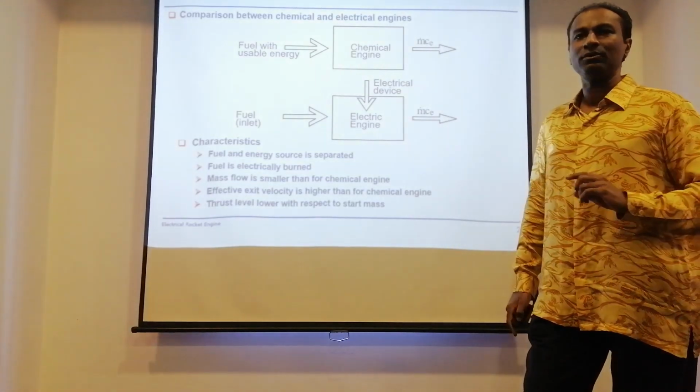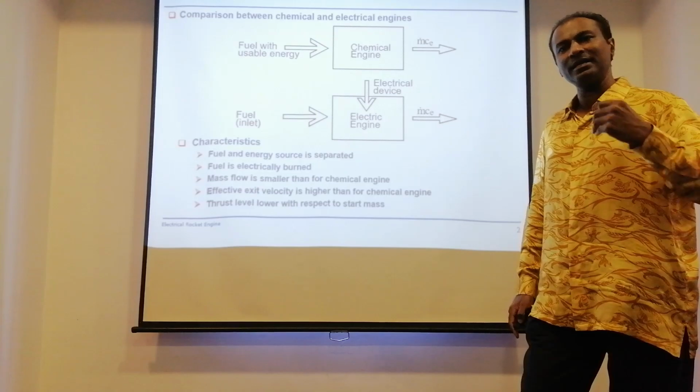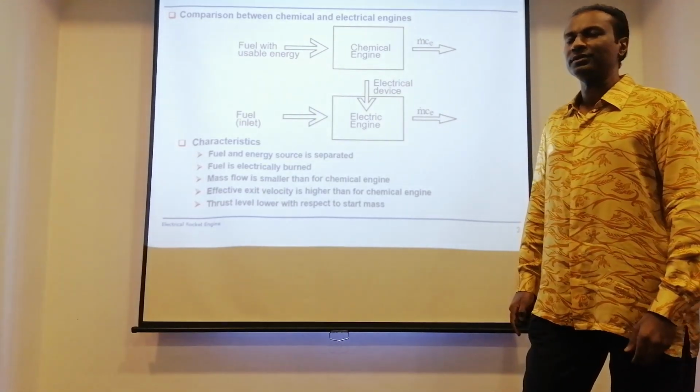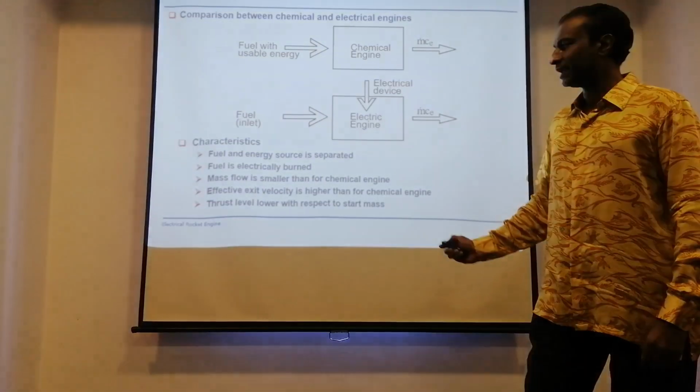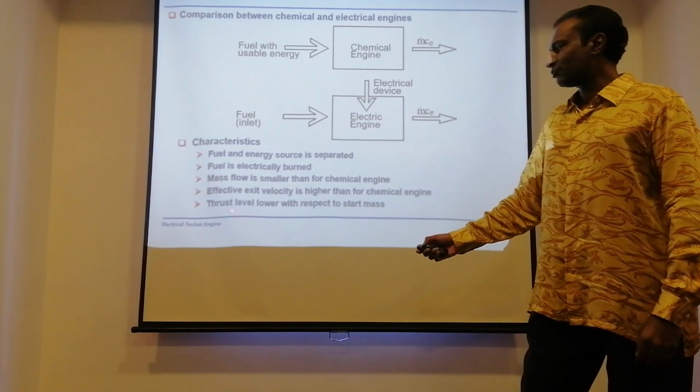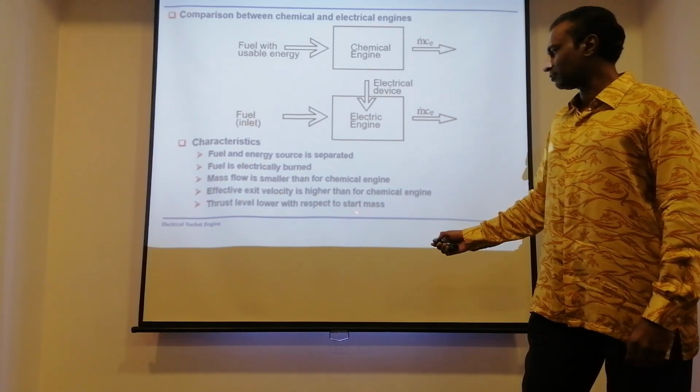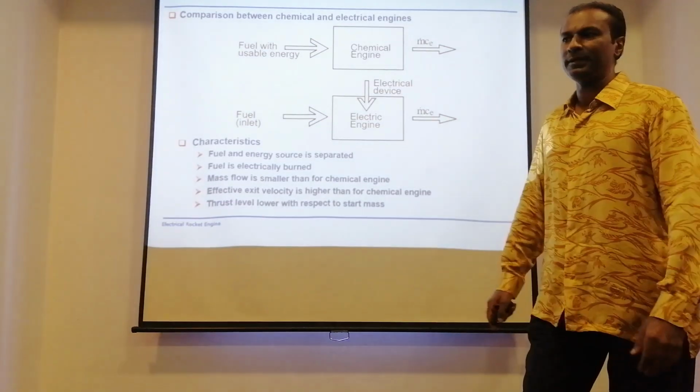But we must also correctly deduce for which applications we want to use electric propulsion. Thrust level is lower with respect to the start mass. Obviously, I've already explained this.